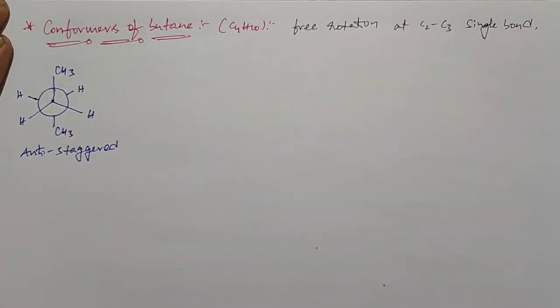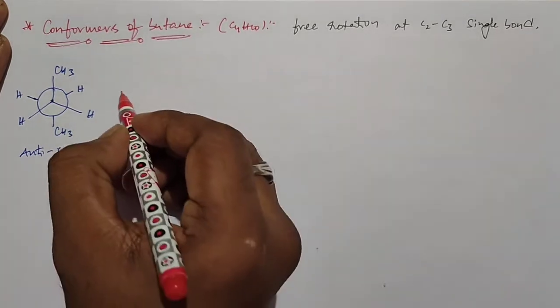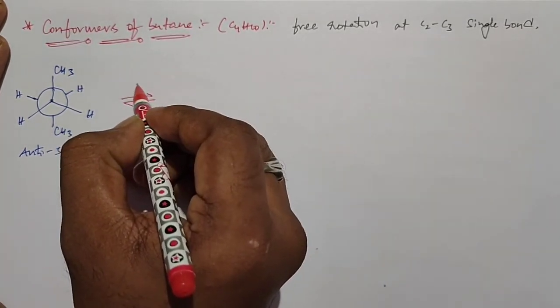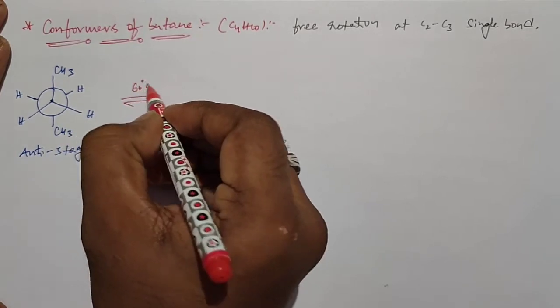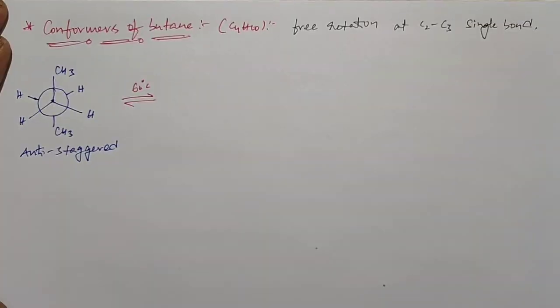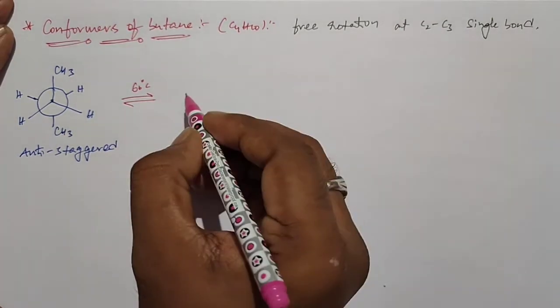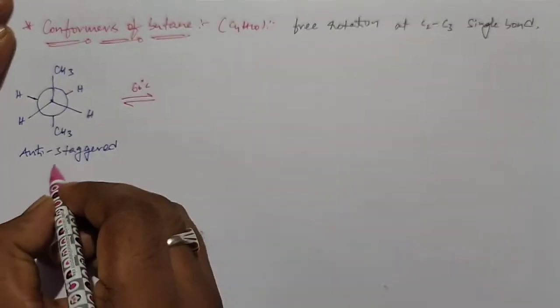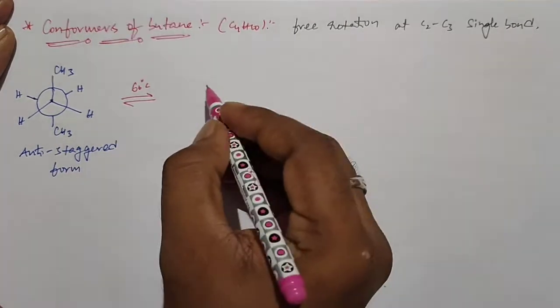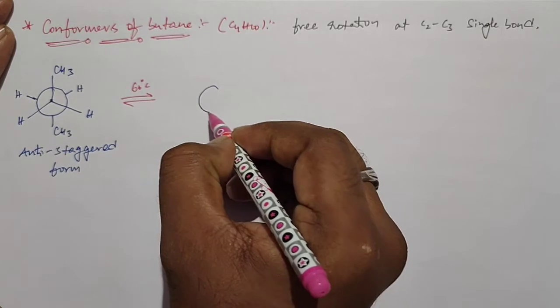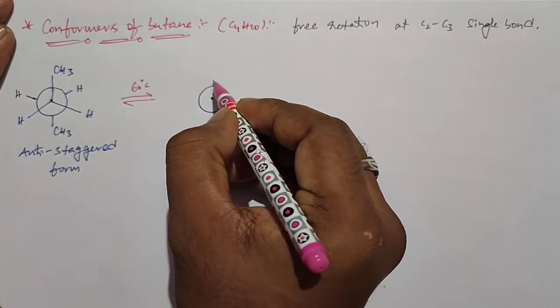After getting the anti-staggered form, if you rotate the carbon-carbon free rotation bond by 60 degrees, we get the partially eclipsed form. So after rotation of 60 degrees of the anti-staggered form, we get the partially eclipsed position.